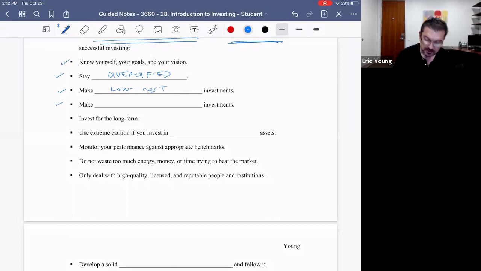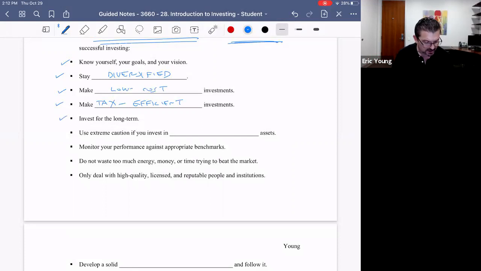Number four, tied to low cost, make tax efficient investments. We learned in our tax lectures that you never want to illegally evade taxes, but you want to legally use every tool to minimize or delay your tax burden. Okay? Use investments that are tax efficient.